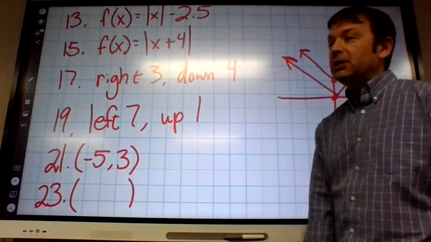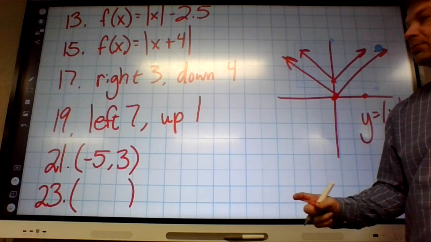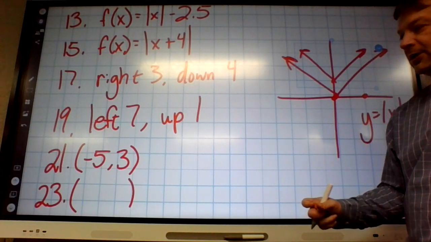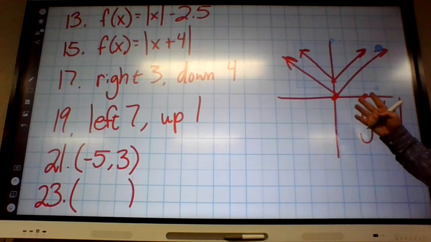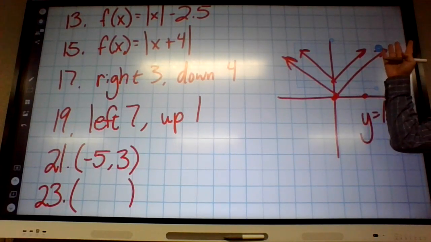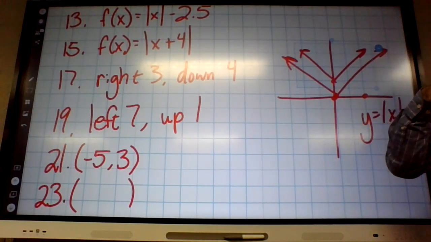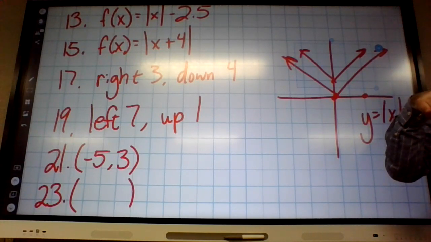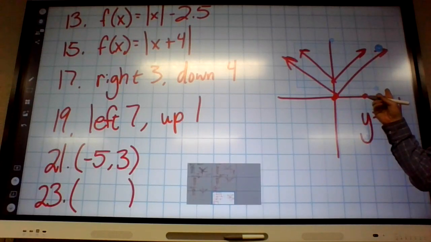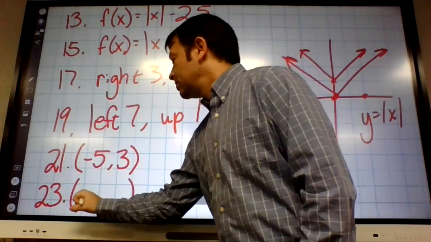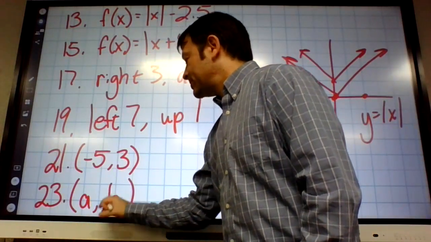Up B. So, right A, up B. What would the coordinates of the point be if we went right A, up B? Negative A? Now, if you're going right A, is that more like a negative or a positive? That'd be positive A, and up B is a positive B.